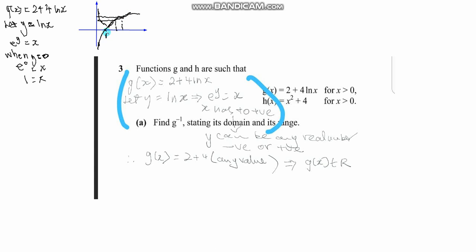Now what about when x is less than 1, I mean 0.5? Let's look at it. Let's say y is minus 0.5. What happened? So x is 1 over e to the power of 0.5.